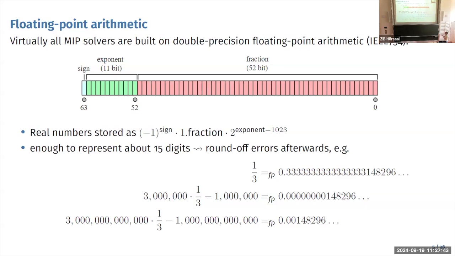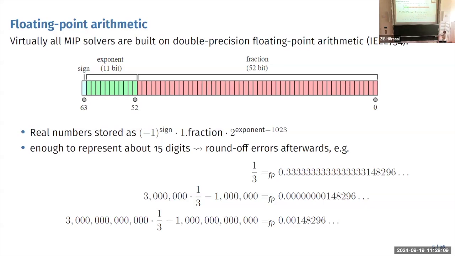Okay, and so now, maybe just to say this again explicitly, why do we use floating point arithmetic? Because it's, of course, very fast, because it's implemented in hardware, opposed to exact arithmetic, for instance, over rational numbers, which is only implemented in software, and so much, much slower.